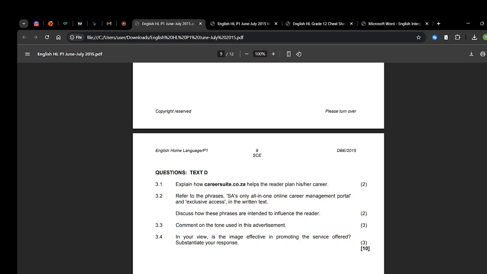So to get your full 3 marks, we'll just refresh again. If you're going to say the tone is, for example, persuasive, convincing, or negative, you have to be able to prove that from the text or the advertisement. When I say prove, I mean you'll say, for example, the tone is convincing. Then you have to prove it.